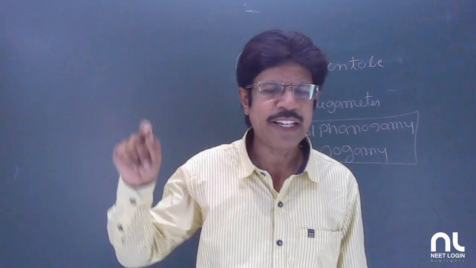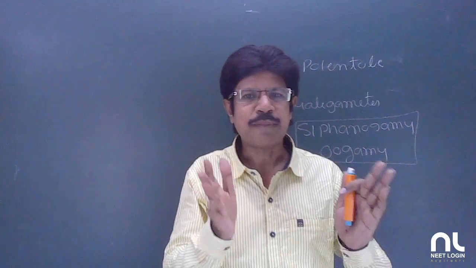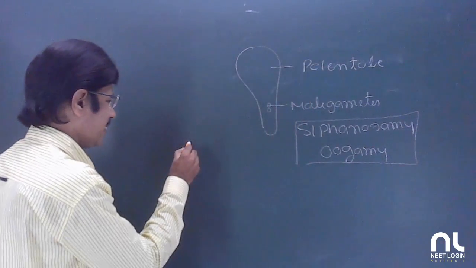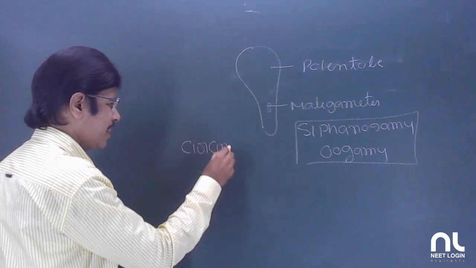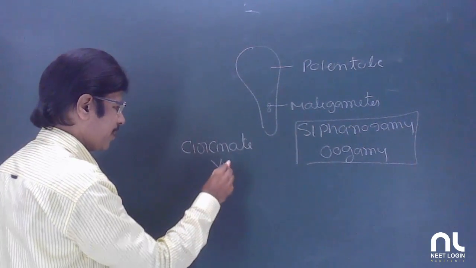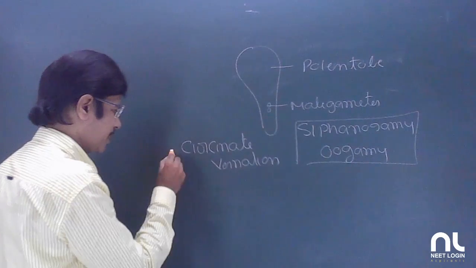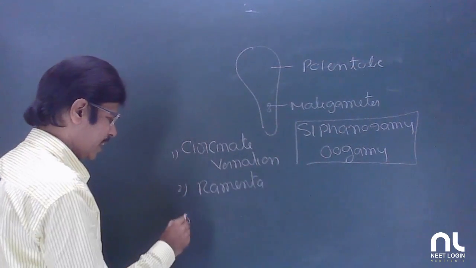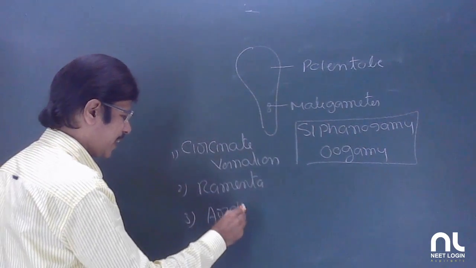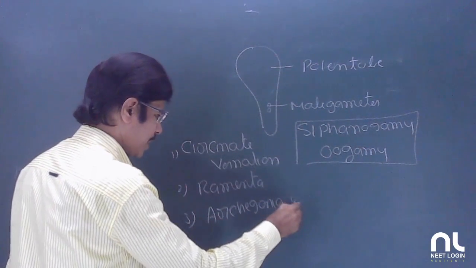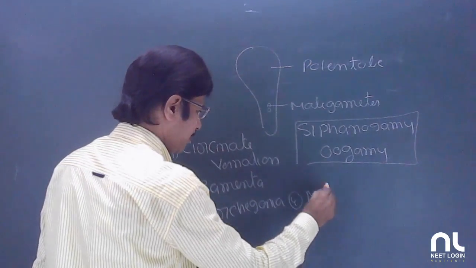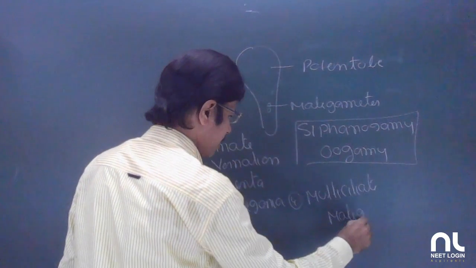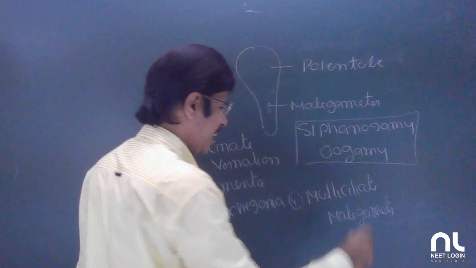Why is it considered a relic of the past? Because some ancestral characters are retained. What are the ancestral characters? First, circinate vernation; second, ramenta; third, archegonia; and fourth, multiciliate male gametes.